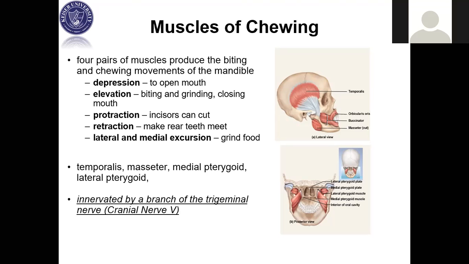Now, there are 4 muscles for chewing. Like I said, I'm only going to need you to know one of them, and when we get to it, I will talk about it. But you'll notice on the bottom here, this bottom line is underlined. These 4 muscles are innervated by cranial nerve number 5.